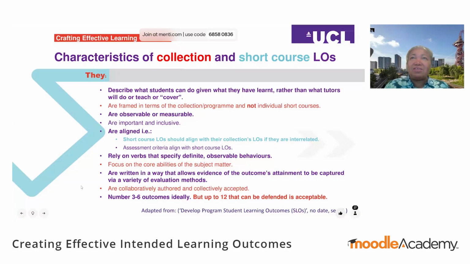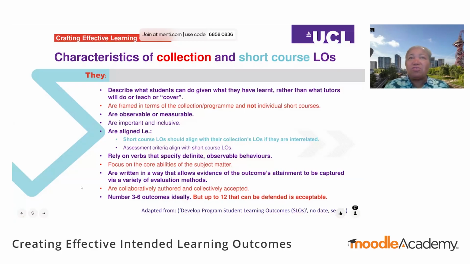Once again, outcomes always describe what students can be expected to do based on what they've learned. If it's for a collection, then it's framed in terms of the collection, or another term often used for collections within schools and academia is the word program.